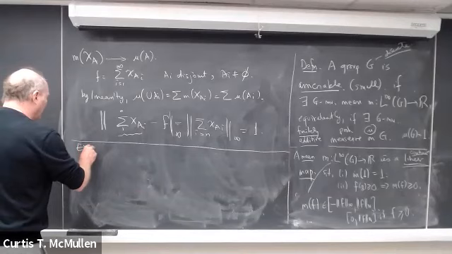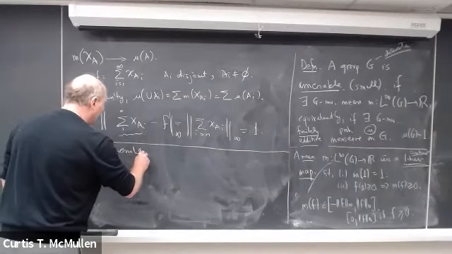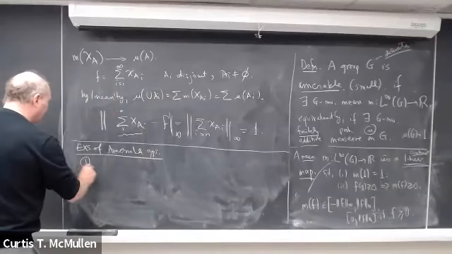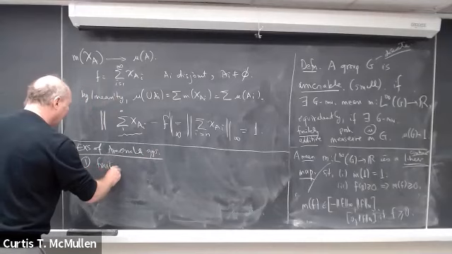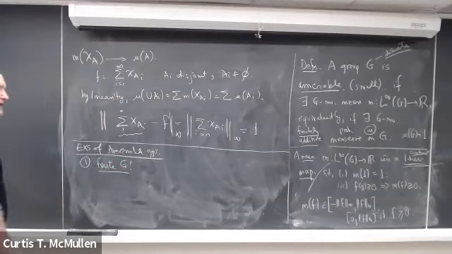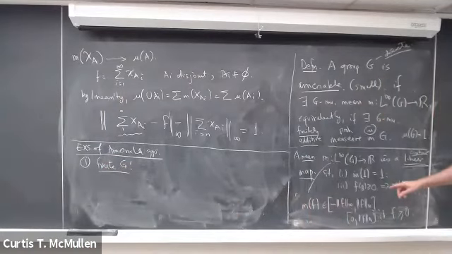So some examples of amenable groups. So first, finite groups. In this case, I didn't say what G-invariant means.